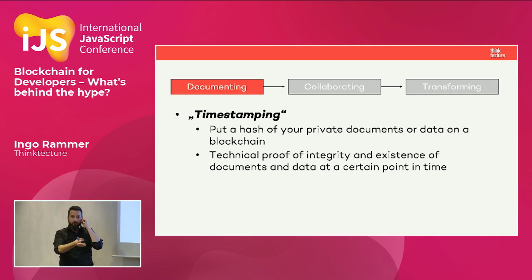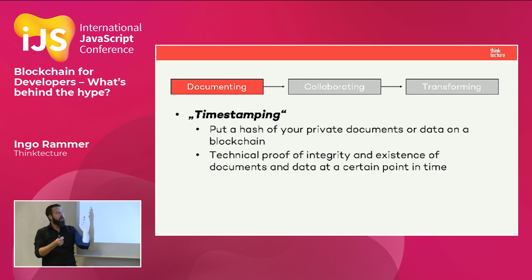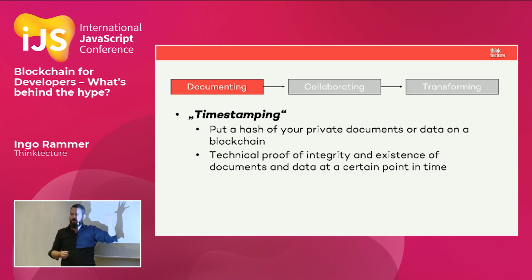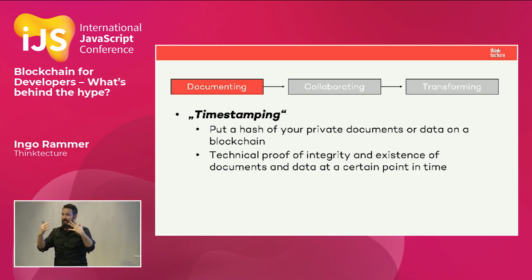It's very simple. You can do this in, I don't know, something like 15 lines of code or so. But by doing this with the really small number of lines of code, you can prove the existence of the data and the integrity of the data, the fact that it has not been changed from the point of creation of this block.